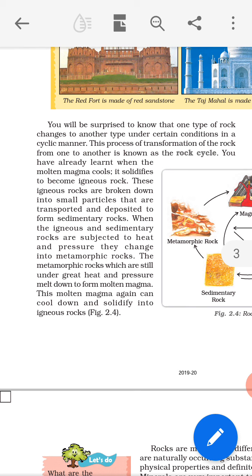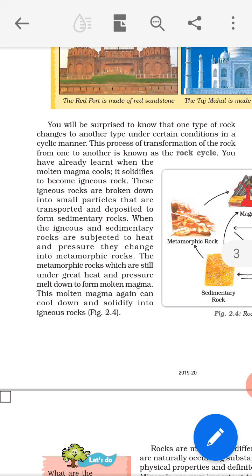Under great heat and pressure, the metamorphic rock melts down to form molten magma, a hot liquid. This molten magma again can cool down and solidify into igneous rocks. Now again it turns into igneous rocks.